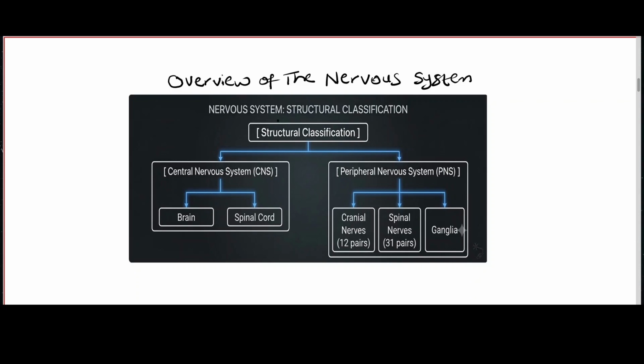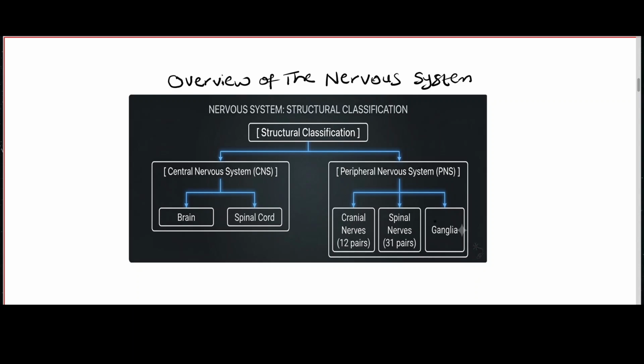So the nervous system is divided into the central nervous system and the peripheral nervous system. Now the central nervous system is further divided into the brain and the spinal cord, while the peripheral nervous system is further divided into the cranial nerves, the spinal nerves, and ganglia.